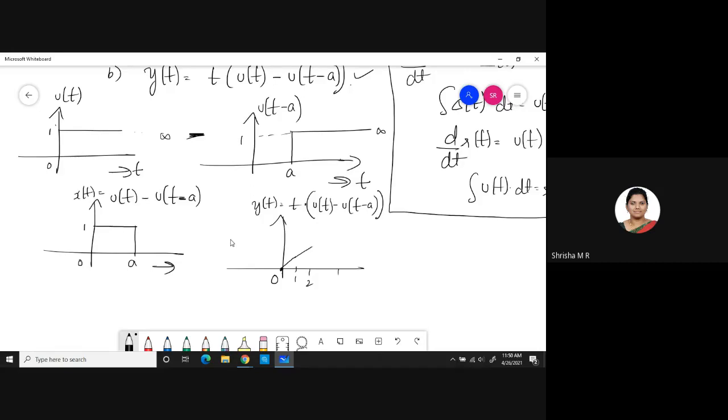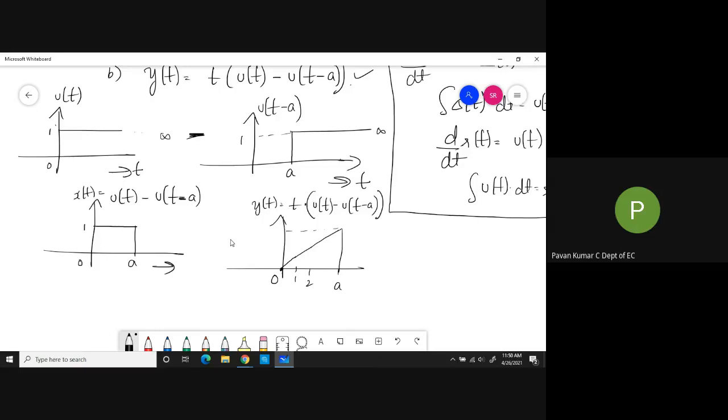It goes on. At a, it will be a into 1. Got it everyone? With an amplitude 1. Followed? Got it? I cannot say the amplitude is 1. It depends on A. Correct?